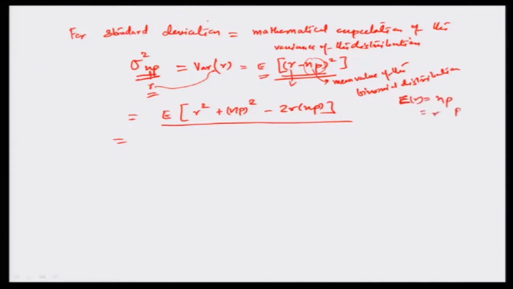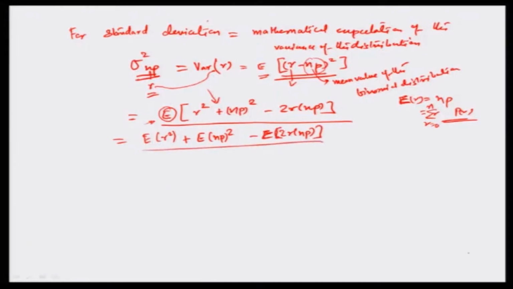So it is basically r P(r), r varying between 0 and n, for the discrete distribution. In a similar manner you can split up this function as a summation of all the individual terms within the bracket, and you can write this as expectation of r square plus expectation of np square minus expectation of twice r np, and so on and so forth.